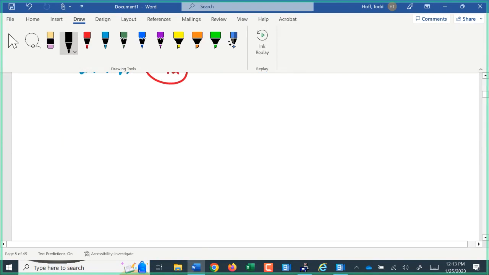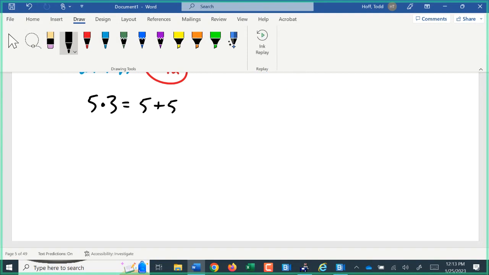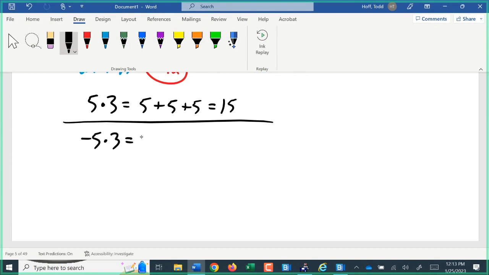Multiplying is a little bit simpler. We saw that if we have positive 5 times 3, that's just repeated addition. 3 fives added together. 5 plus 5 plus 5 is 15. Well, that isn't a big stretch then for negative 5 times 3, which is just 3 negative 5s added together, which gives us a negative 15.